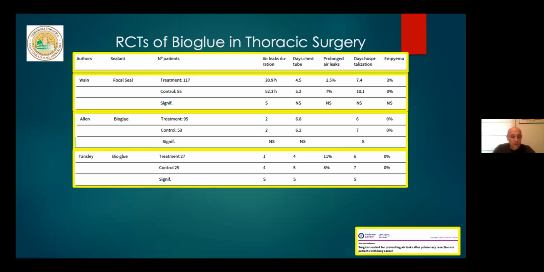BioGlue was used in 2 trials, one of which was Allen's trial, that is the only study with a shorter hospitalization for patients who had sealants applied compared with control. Nevertheless, there is no difference in chest tube duration. This could be due to several reasons.